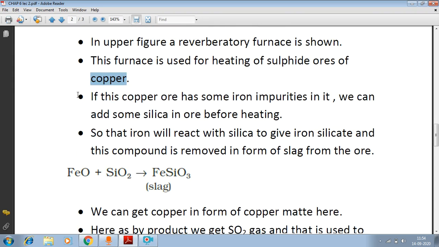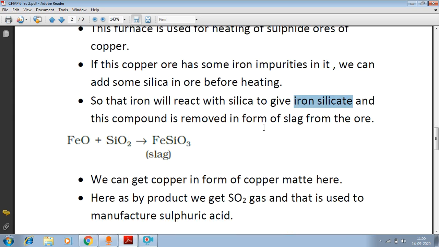If this copper ore has some iron impurities in it, we can add some silica to the ore before heating it. Due to that, the iron will react with silica and give iron silicate, and this compound is removed in the form of slag. You can see the reaction here. Ferrous oxide is our impurity, since we want copper from the ore.